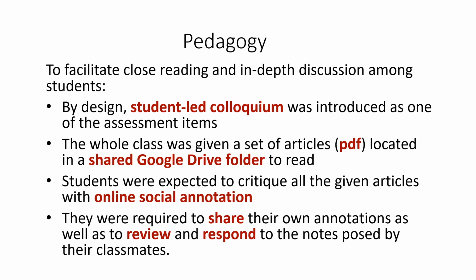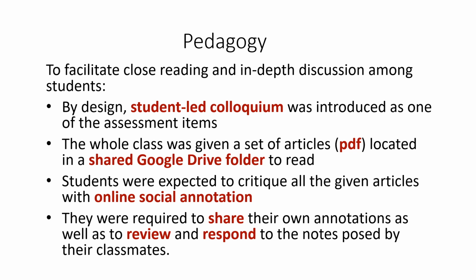So what is online social annotation then? Traditionally, if you engage in close reading of an article in printed form, you use a highlighter to highlight text and write your notes on the page margins. So by looking at the annotations, you may have some ideas of how deeply your students have engaged in close reading.